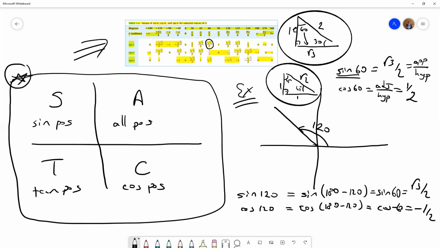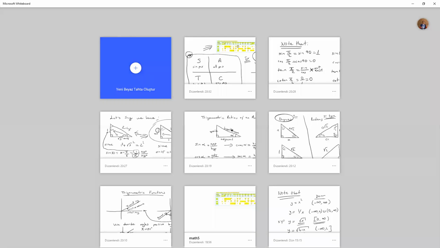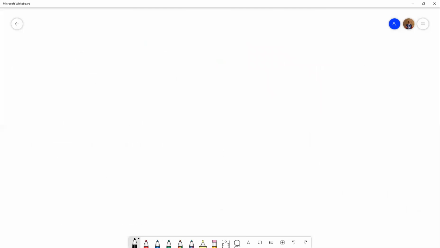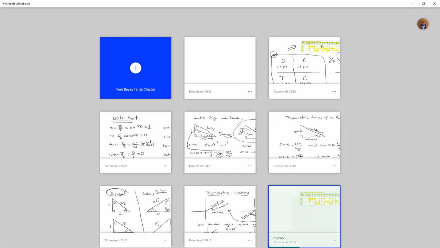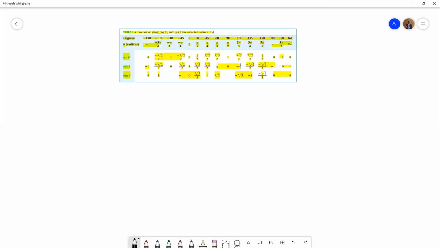Next one. And we can also use this thing, I think. Another example.